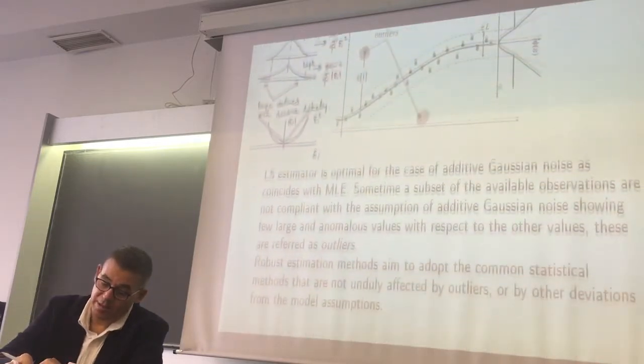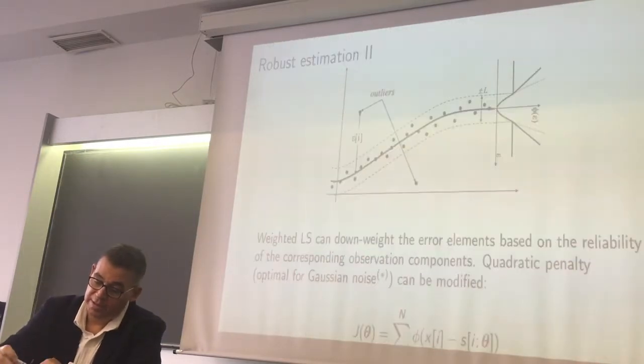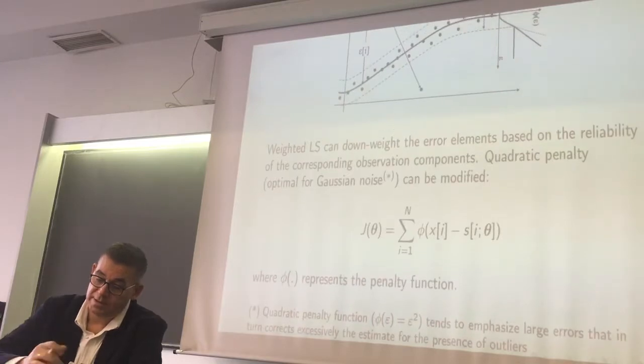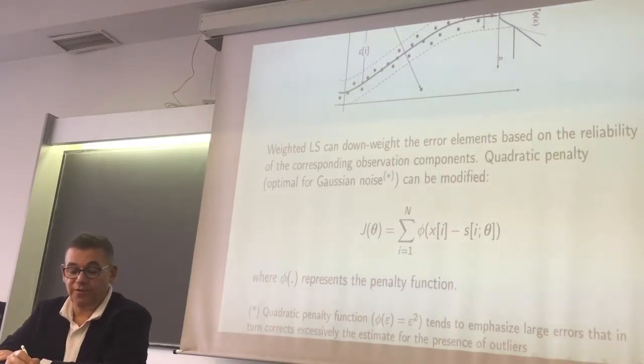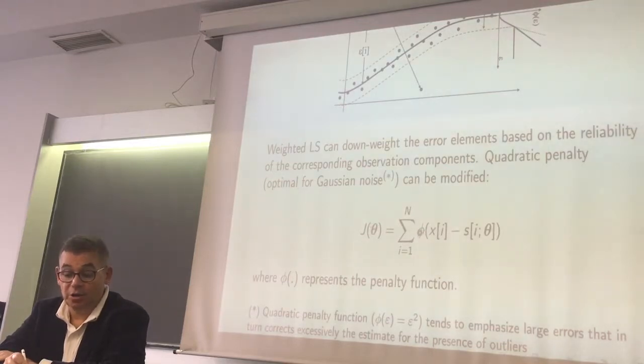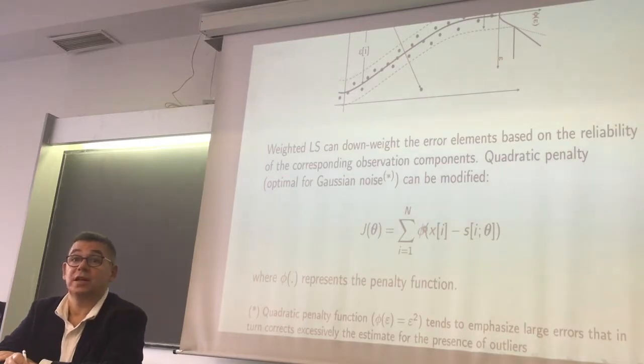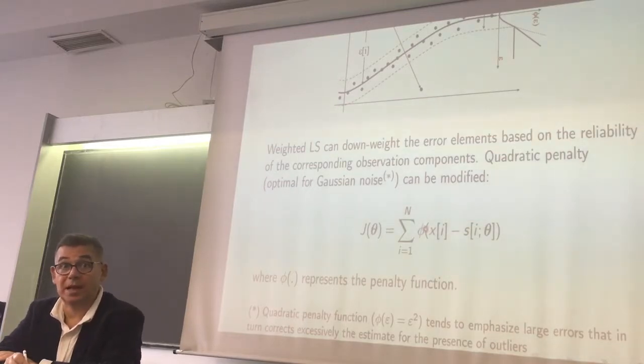The robust estimator simply redefines the objective function with a certain phi, where phi is a penalty, and this penalty function is quadratic in case of Gaussian, and absolute value in case of Laplace.